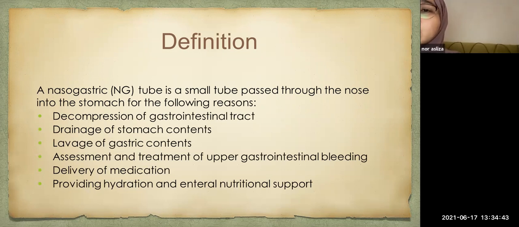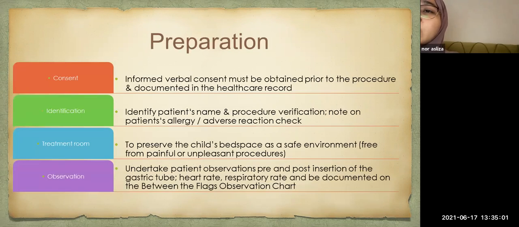First, to decompress the GI tract. Second, to drain the stomach contents. Third, lavage of gastric contents. And assessment and treatment of upper GI bleed, delivery of medication, and the last one, to provide hydration and enteral nutritional support. Okay, next slide.